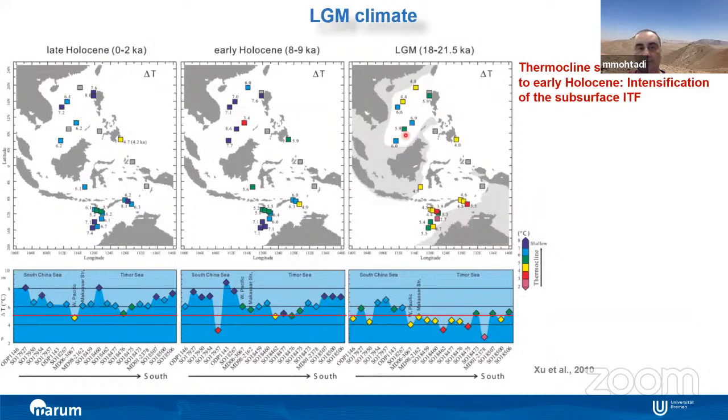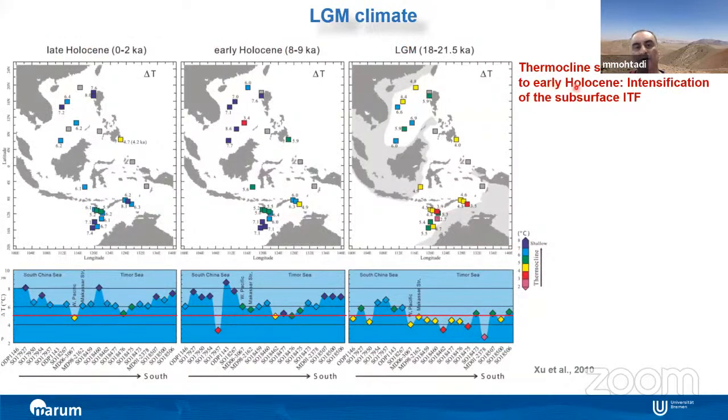These are thermocline and surface temperature reconstructions from along the ITF path, and also from the South China Sea, by Xu and others more than 10 years ago, and they looked at SST and thermocline evolution during time slices during the last glacial maximum, the early Holocene and late Holocene.